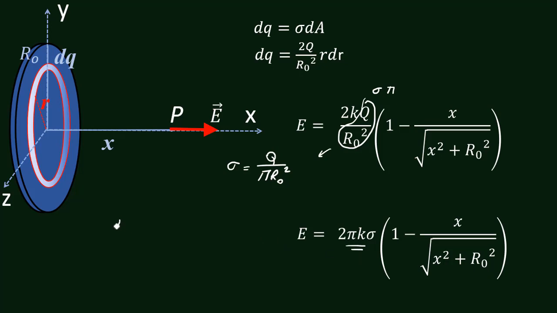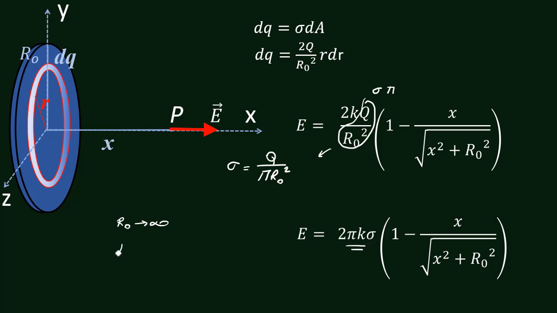If you make this disk infinitely big, meaning r0 goes to infinity, this parameter here, which scales as 1 over r0, will vanish and become 0.